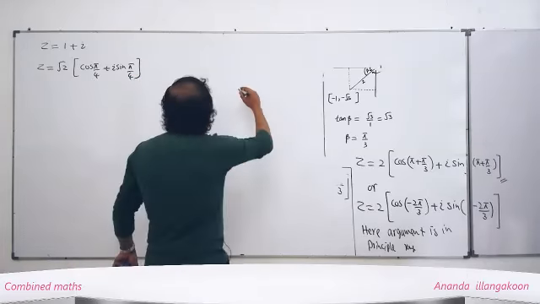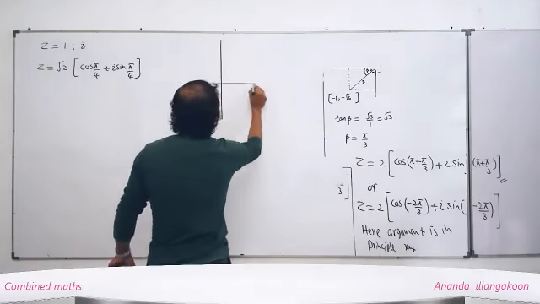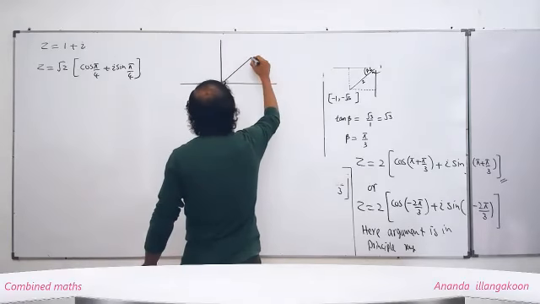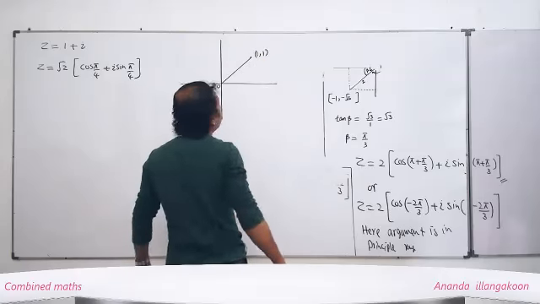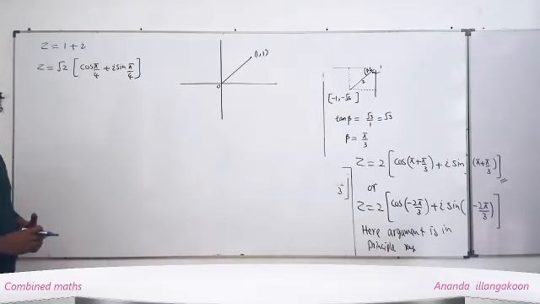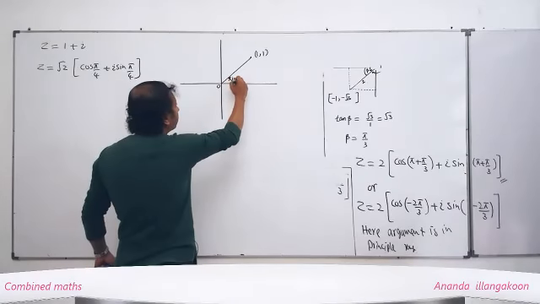People, now if I mark this complex number z on the Argand plane, the point (1, 1) is the point on the Argand plane which represents the complex number z. This is now pi by 4. This is √2.